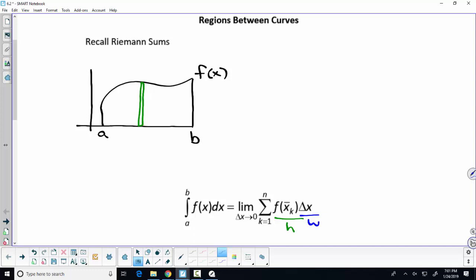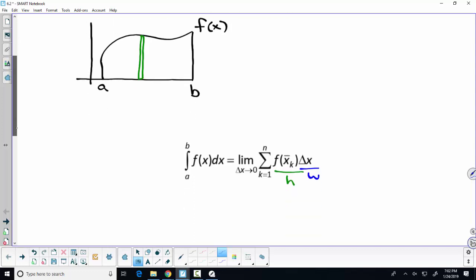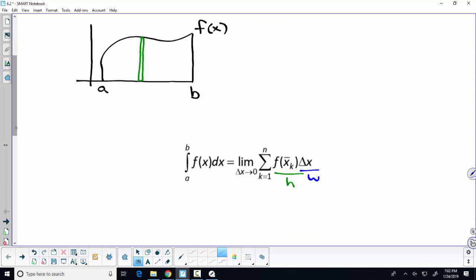We added up all of these individual areas to give an approximation of the area, and then we said, to make an exact area, I need to let the number of rectangles go to infinity so I can fill that region up. The number of rectangles going to infinity versus their widths going to 0, it's the same thing.